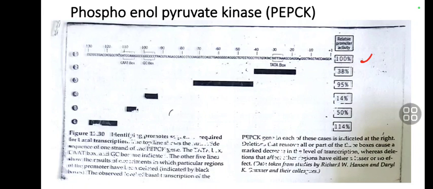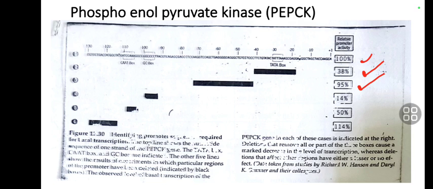When we remove, if we cut, this TATA box from the gene, the efficiency of transcription is reduced to 38%. And if we remove any intervening portions between the GC and TATA box, not much change in transcription happens. It is still 95%.